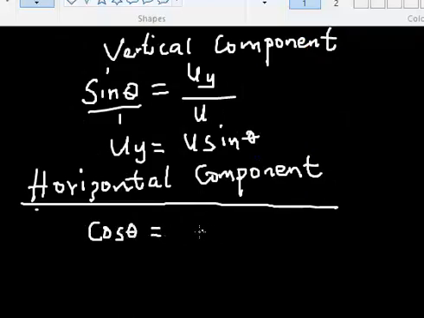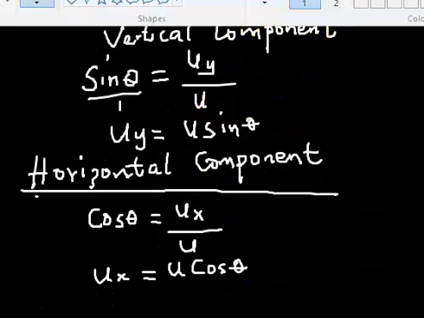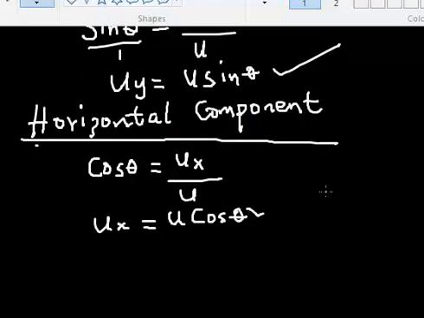So cos theta is the adjacent, which is ux, over the hypotenuse, which is u. So the horizontal component gives us u cos theta. So that is it for the vertical and horizontal components.